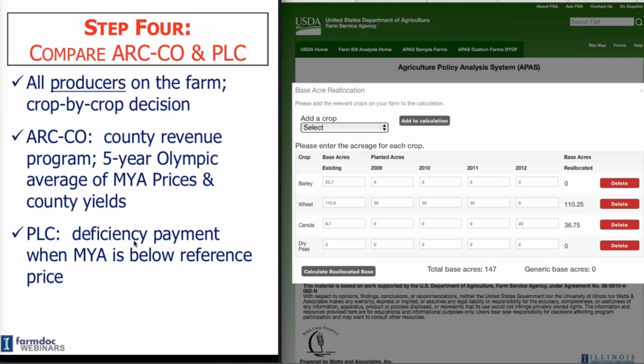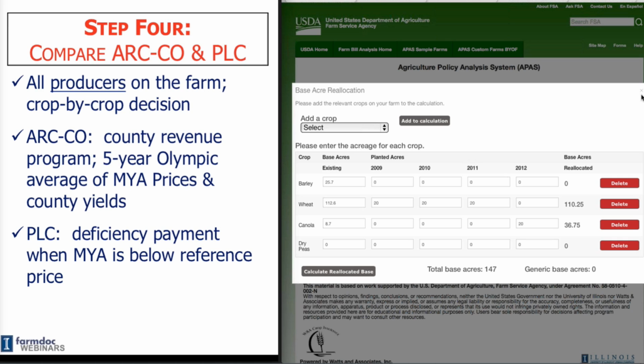And by the way, now here's our reallocated acres. And how do you make the decision between existing acres and reallocated acres? A lot of that's going to depend on the expected payments from each one of those crops.